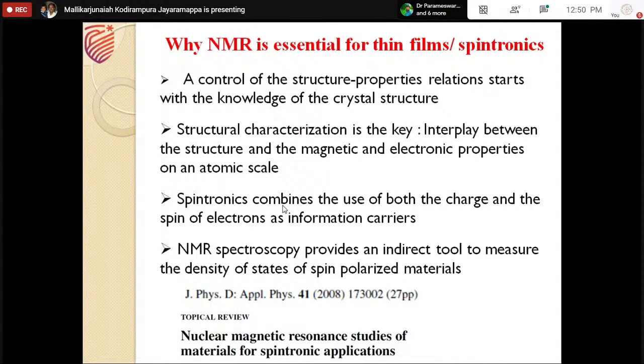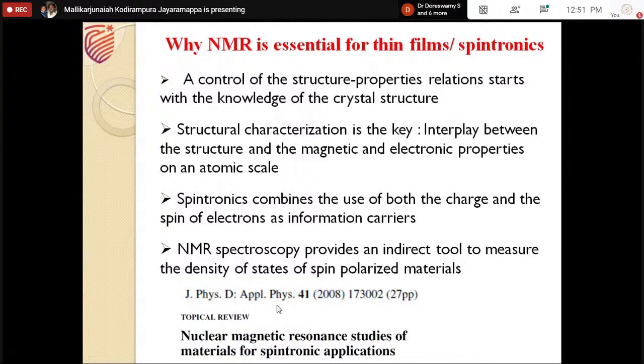My bottom line in this slide is that NMR spectroscopy provides an indirect tool to measure the density of states of spin polarized materials, and this has been extensively discussed in one of these papers. It is a very well written review. We can go ahead with this motivation.